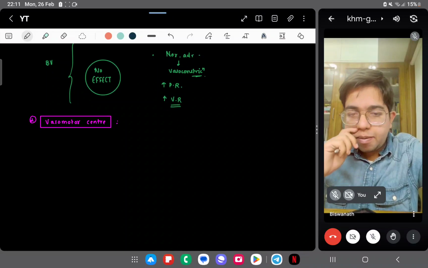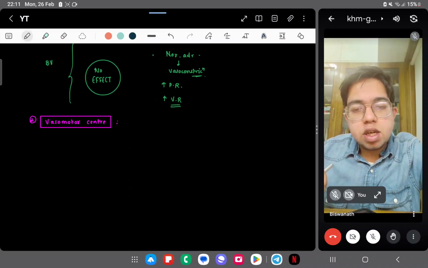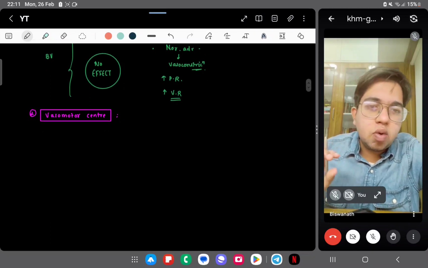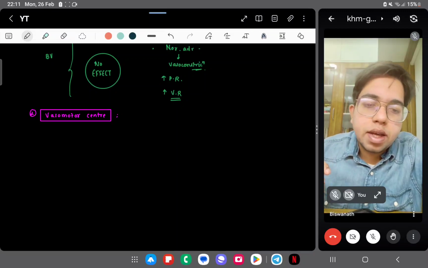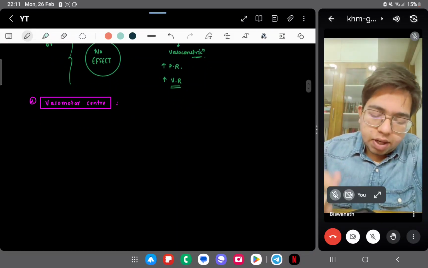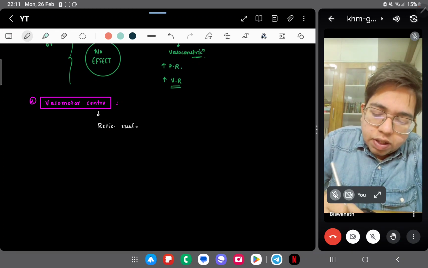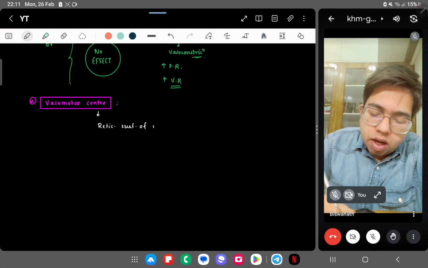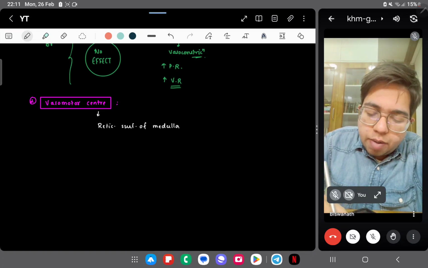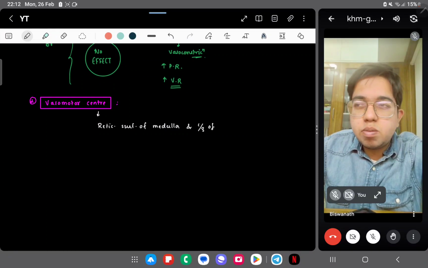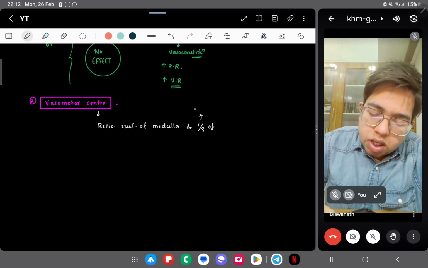If you have a basic idea of neurophysiology, you know about the reticular surface, which is there in the medulla and the pons as well. So it is located in the reticular surface of the medulla, and the lower one third of the pons.